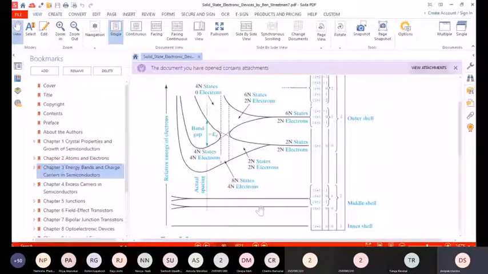So the outermost electrons will split their energies in two parts. And this indicates that it is becoming free. This graph is moving upward, and that indicates that it is trying to become free.